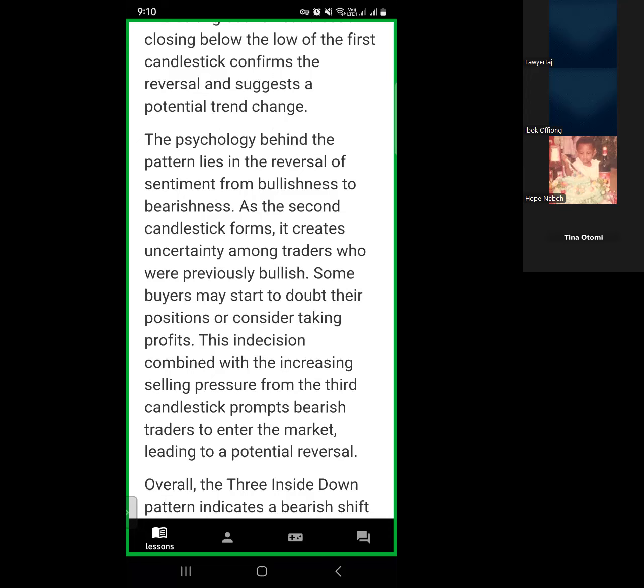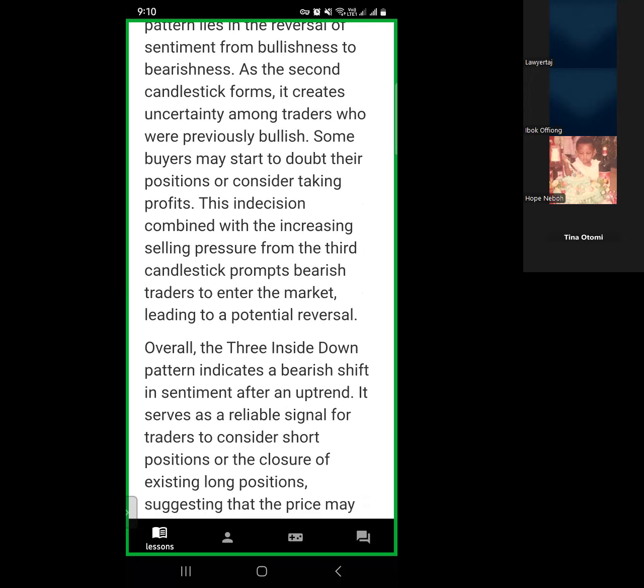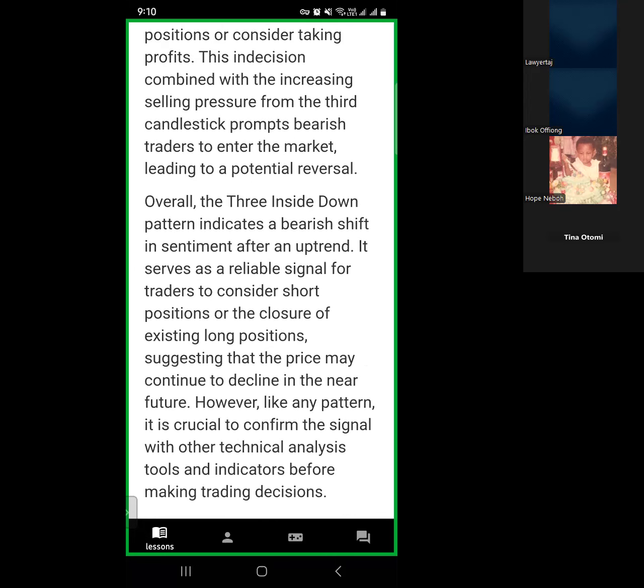The psychology behind the pattern lies in the reversal of sentiment from bullishness to bearishness. As the second candle forms, it creates uncertainty among traders who were previously bullish. Some buyers may start to doubt their positions or consider taking profits. This indecision, combined with the increasing selling pressure from the third candlestick, prompts bearish traders to enter the market, leading to a potential reversal. Overall, the three inside down pattern indicates a bearish shift in sentiment after an uptrend.